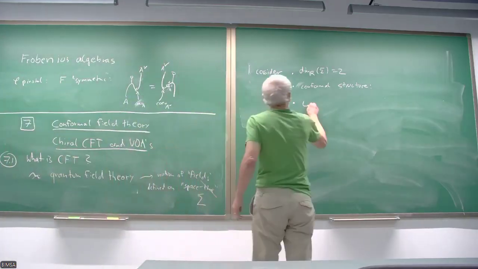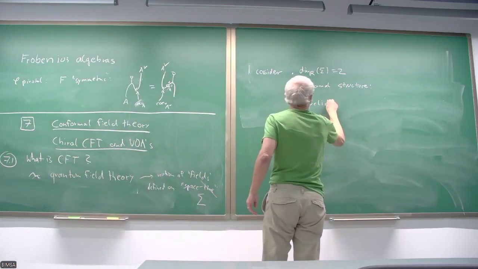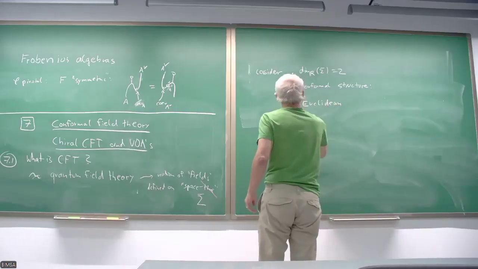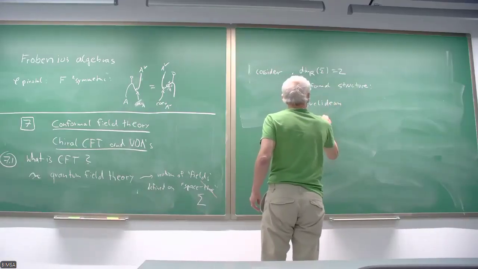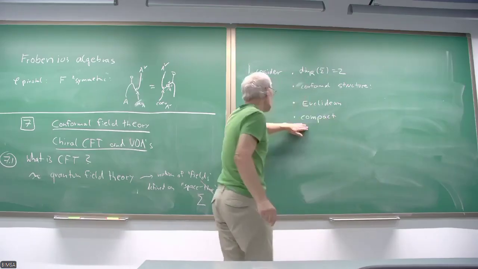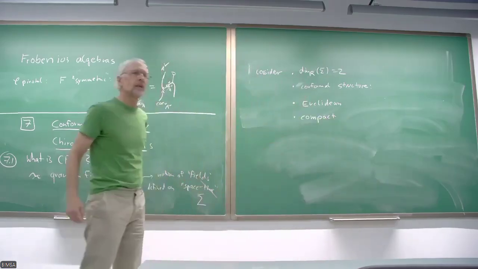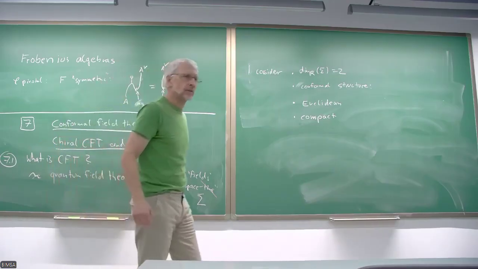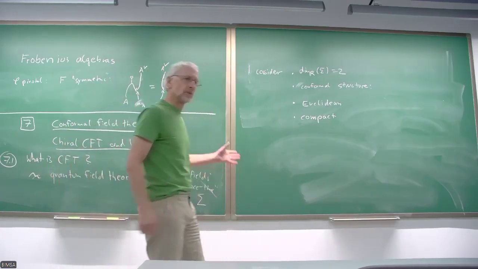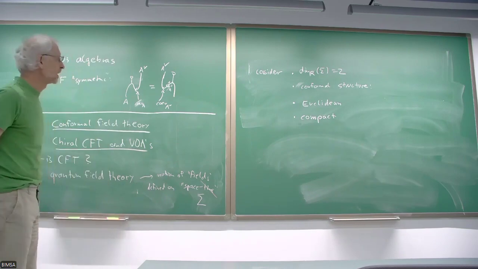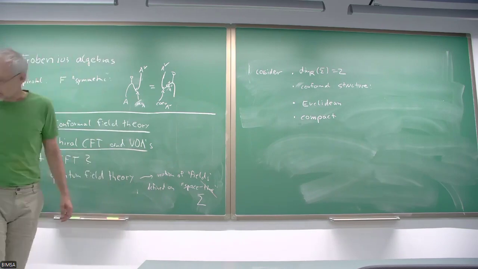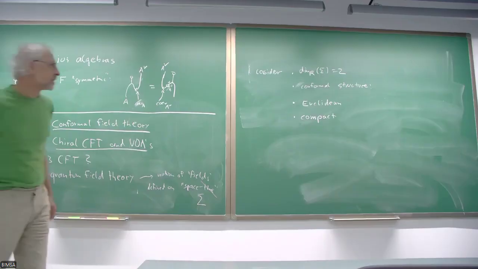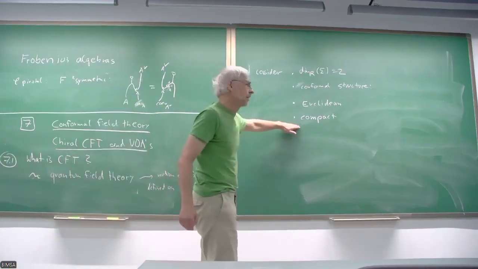So we assume the Euclidean, and also we assume the world will be compact. And actually, indeed, on a compact two-manifold, there is no Minkowski metric except when the genus is one, the torus, not on any other compact surface. And this is partly for technical reasons.